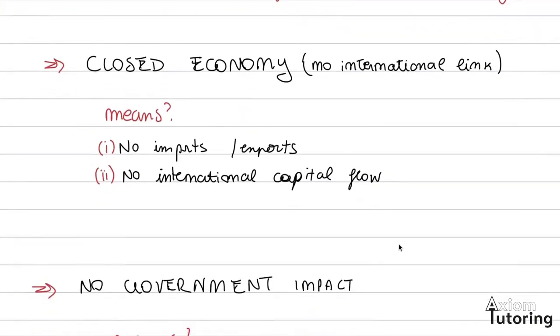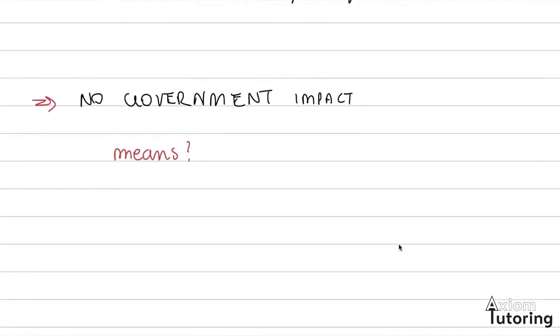Something else that is really important to state is that there is no government and no government impact, which basically implies that there are no government purchases or expenses, meaning that the government does not influence, for example, the provision of public goods. There are no public goods.